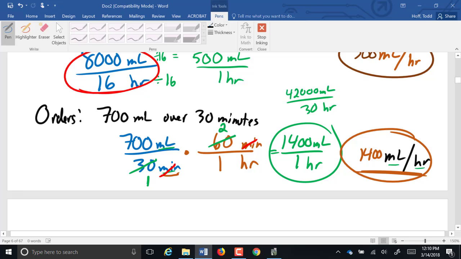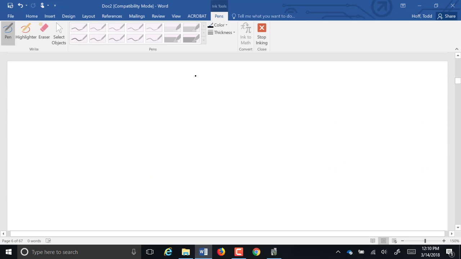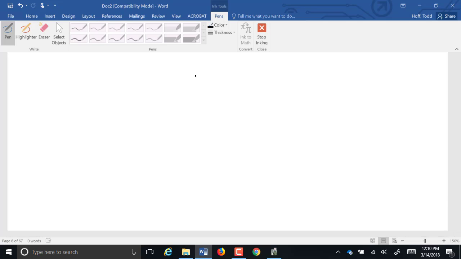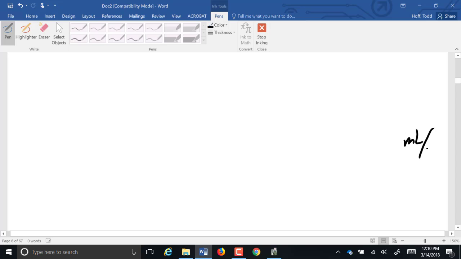Well, we might also express IV flow rates, rather than milliliters per hour, in milliliters per minute. If we're using an electronic infuser, many of those do not allow to be programmed over an hour. They're programmed per every minute.